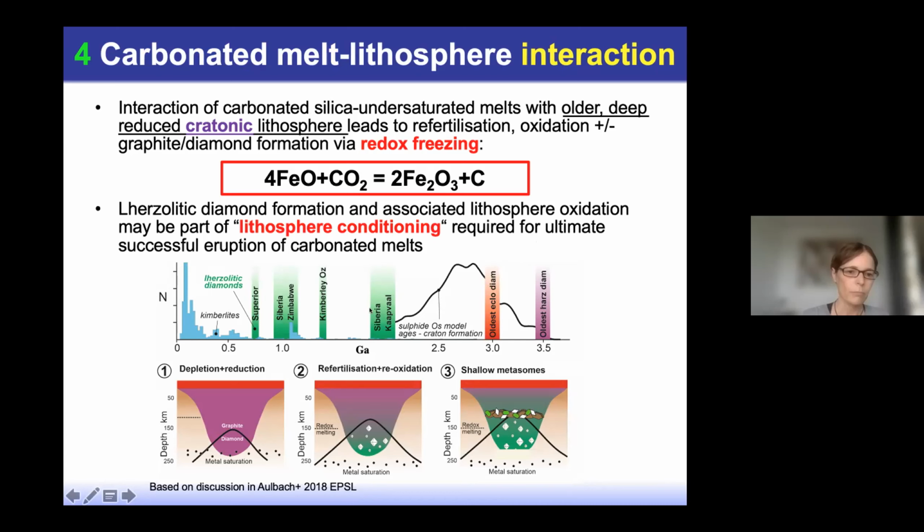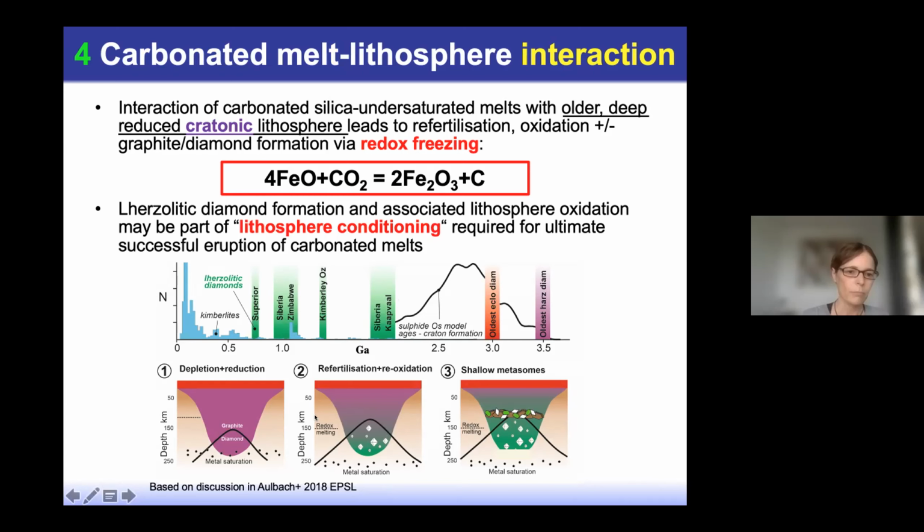We see from the Proterozoic onward, however, increasingly lherzolitic diamond formation. And these are suggested to have formed via this redox freezing reaction, which is accompanied by oxidation and refertilization, so the formation of lherzolite. And so this idea is that there is some sort of lithosphere conditioning occurring, which prepares the continental lithosphere for eventual successful eruption of carbonated silicate melts.